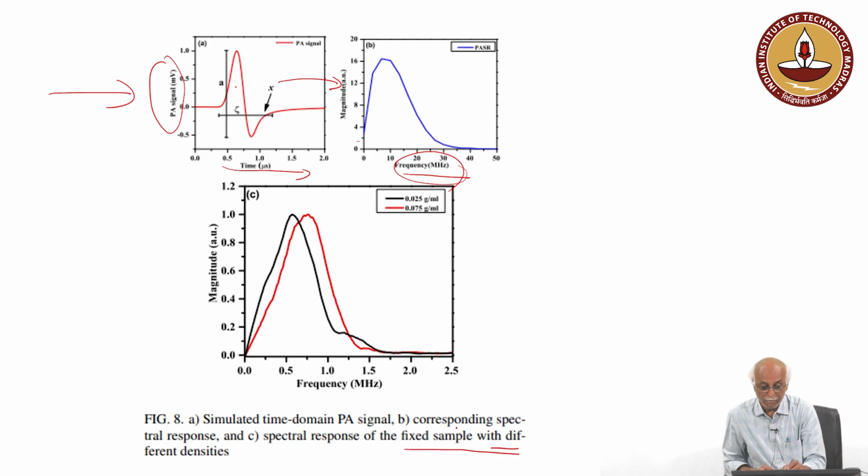However, let us say we take samples with different densities. It is a lab experiment; the output is not actual, but from a lab experiment. If we take a sample having a density of 0.025 gram per milliliter and the other one 0.075 gram per milliliter, depending upon the density of the sample, the frequency response captured is different.